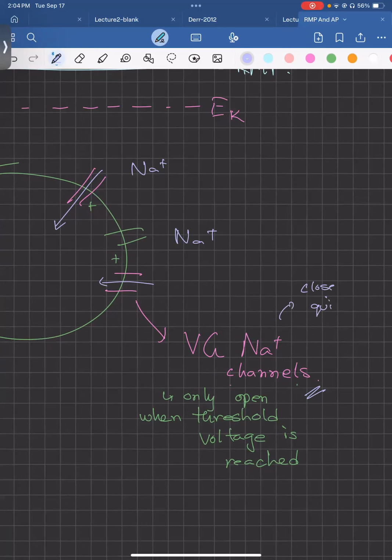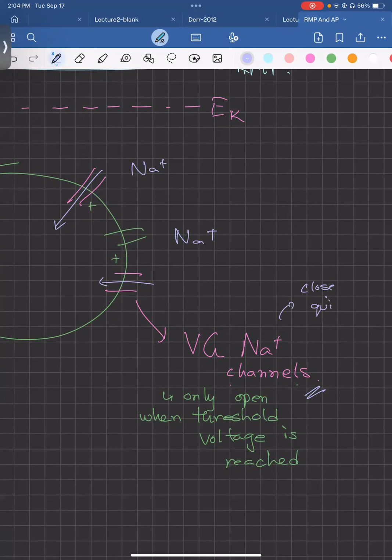Threshold voltage was reached, right? And because of this threshold voltage, both of the channels were triggered to open, right? So potassium and sodium voltage-gated channels were triggered to open. But only the sodium ones actually opened, right?